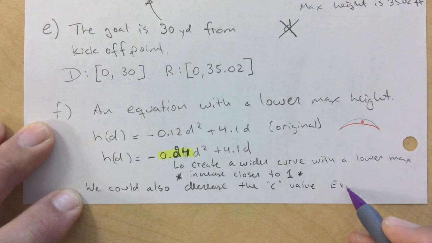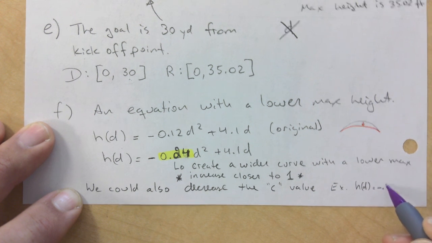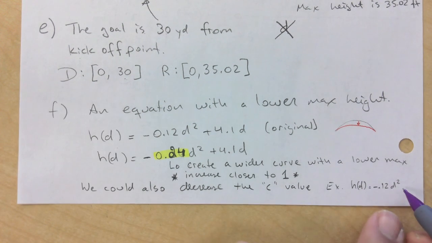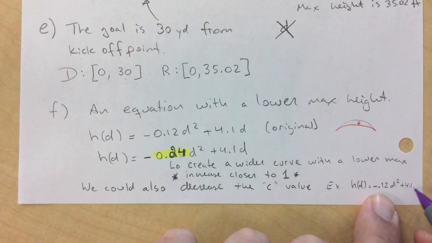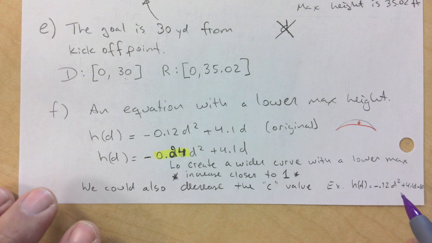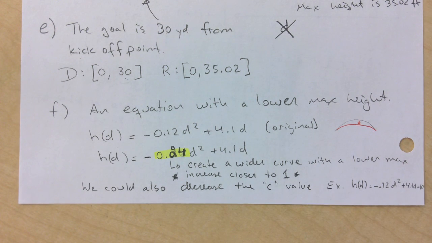Example, we go h(d) = -0.12d² + 4.1d - 10. Sorry about that. It's very small, I know. But you should be able to understand what's happening there. That's also an equation that would result in a lower max.